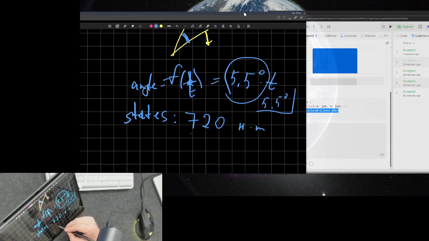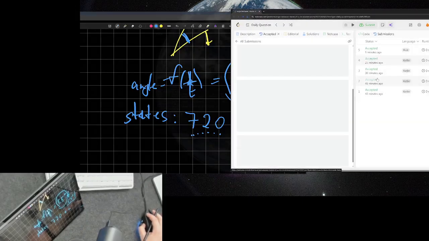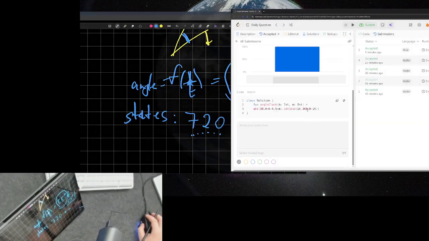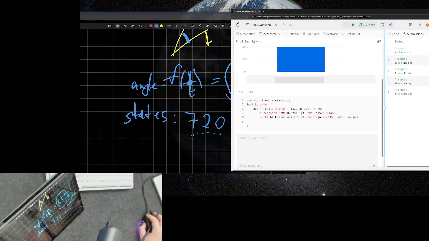So each minute there is one of 720 states. This is a periodic function. And let's look at this Rust code.